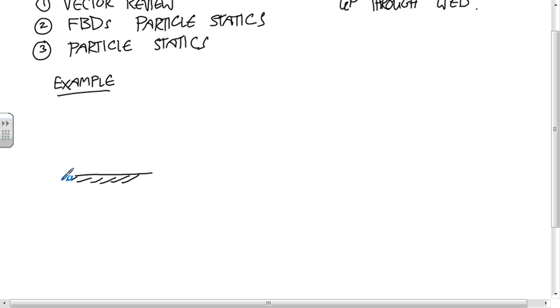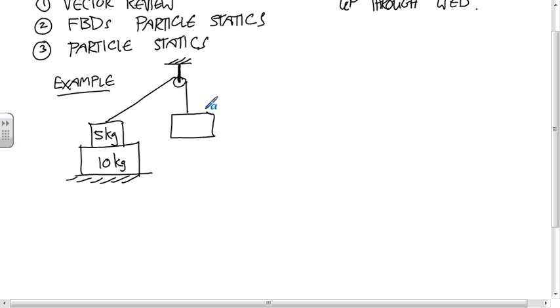So resting on a flat floor is a 10 kilogram box with a 5 kilogram box on top of it. And a cable is connected to the 5 kilogram box that goes over a pulley. And connected to the other end of the cable is a 2 kilogram box. And then in addition to that, there's a horizontal force on the 10 kilogram box of 25 newtons.